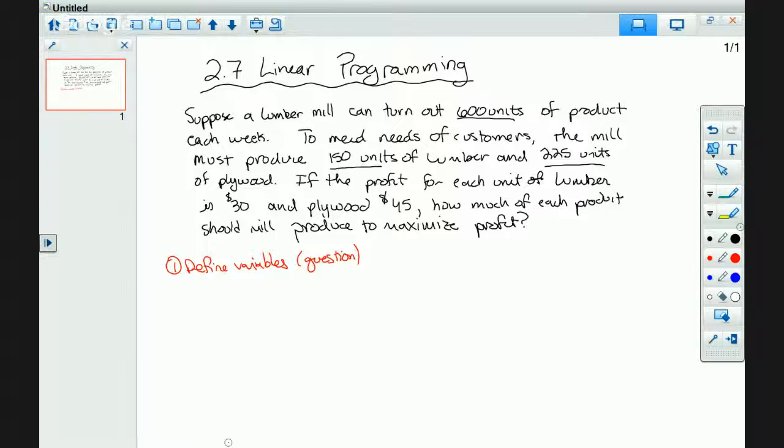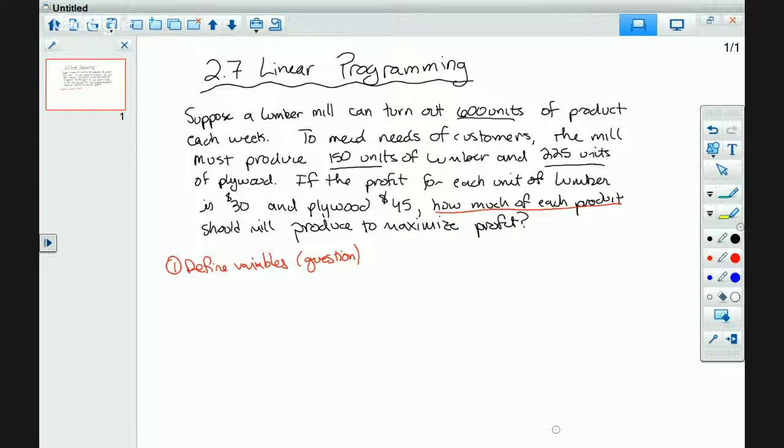What aspect of it? How much it costs? How much we're going to make? So that right there tells you what your variables need to be. How much of each product?